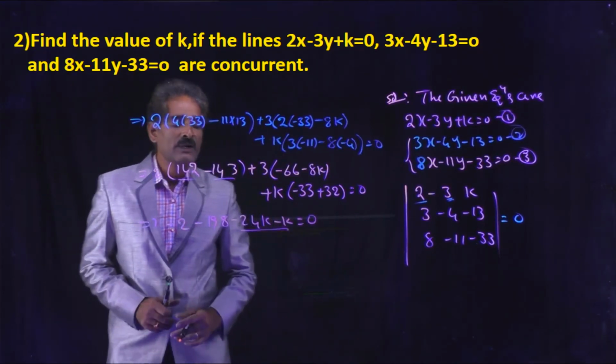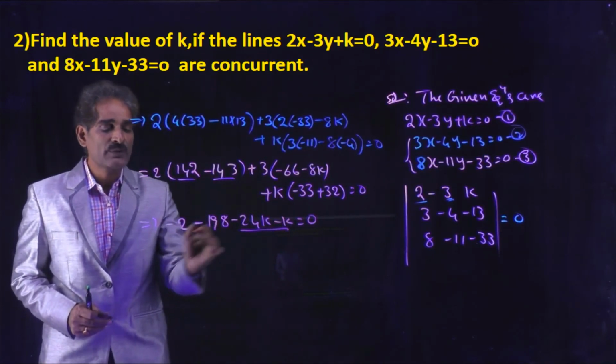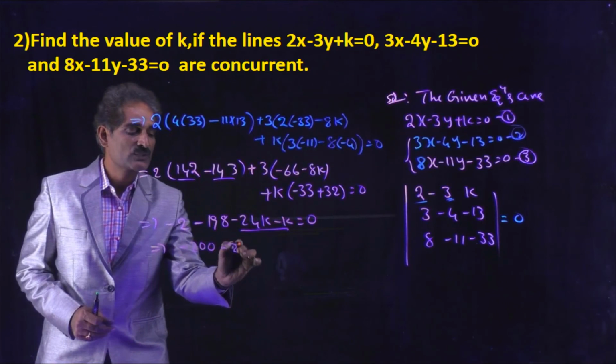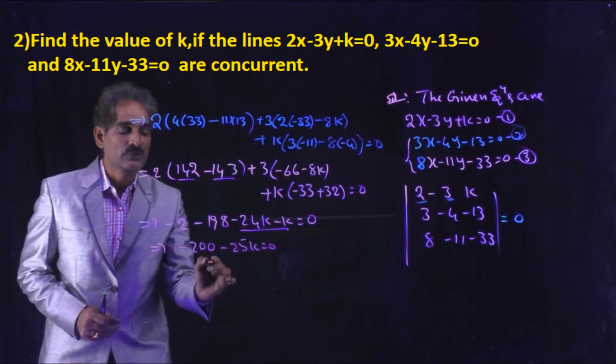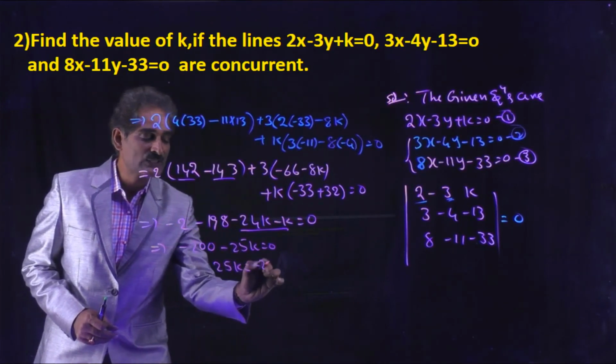Here minus 24k minus k is minus 25k, and the constants add up to minus 200, so minus 200 minus 25k equals 0. That means 25k is equal to minus 200.